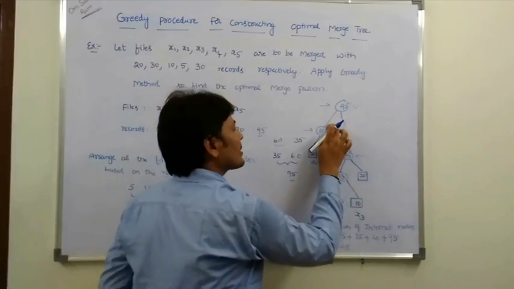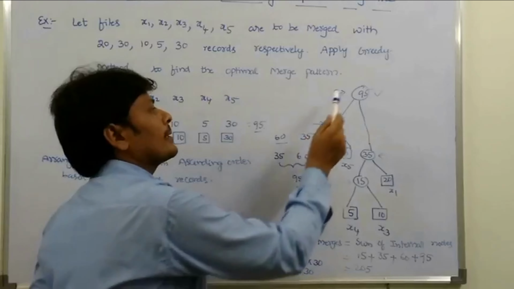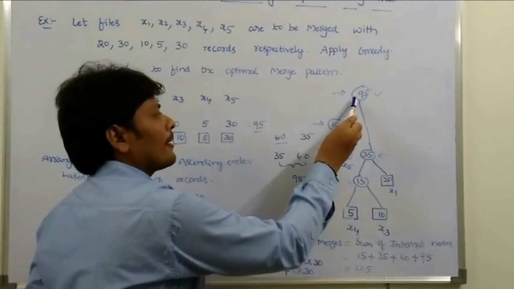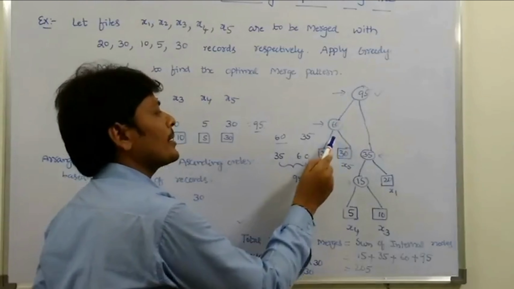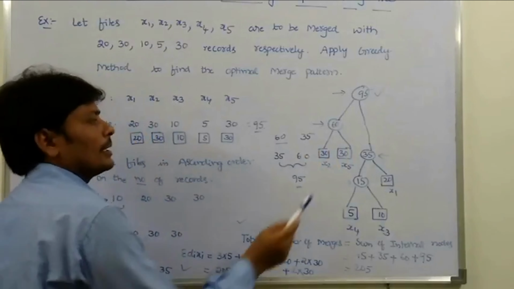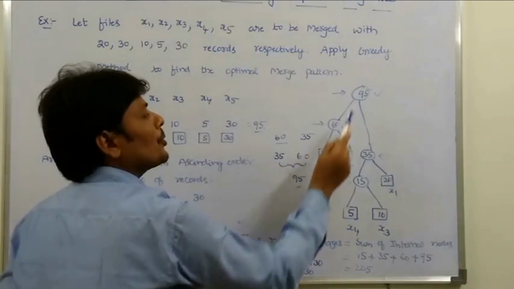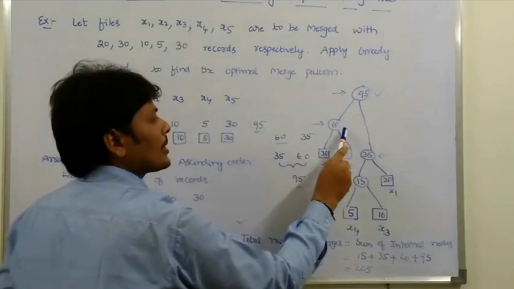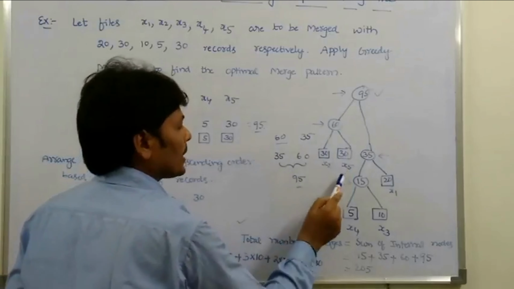The distance from the root node to this leaf is the first edge and the second edge, so distance is 2. So 2 into 30, plus the next leaf node is 30, x5. The distance from root node to x5 is the first edge and second edge, so distance is 2. So 2 into 30.